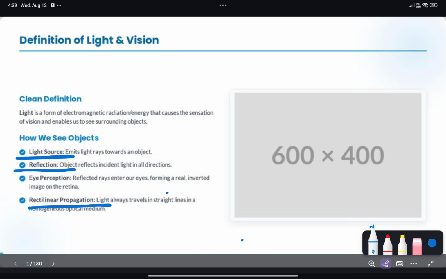Light rays travel in a straight line in a homogeneous optical medium. What is meant by the homogeneous optical medium? You are familiar with the term homogeneous. Homogeneous means a single type of thing. Yes or no?